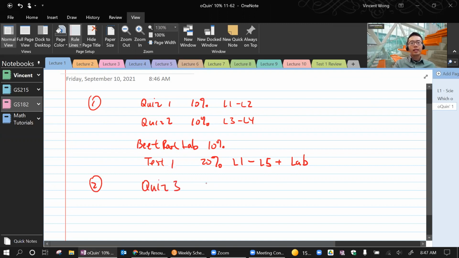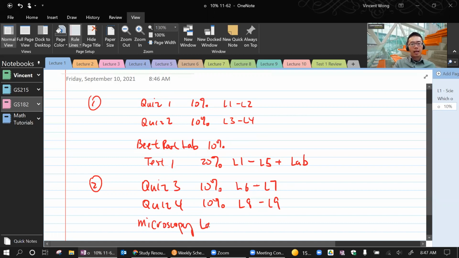Quiz number 3, also 10%, is going to be lecture 6 and lecture 7. Quiz number 4 is going to be another 10%, lecture 8 to lecture 9. You don't have to copy this. It's actually all in the calendar. And then there is the microscopy lab, which is another 10%.